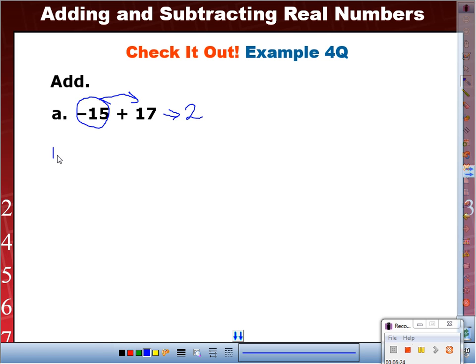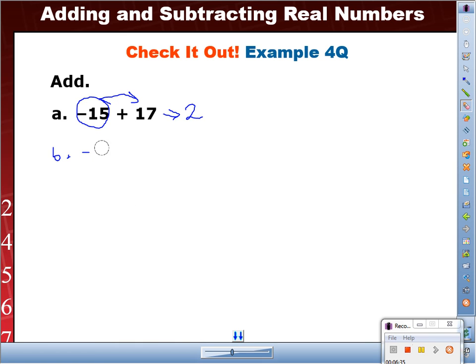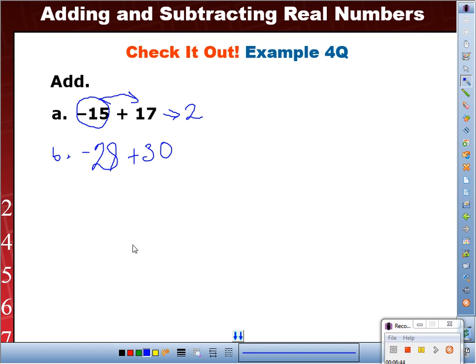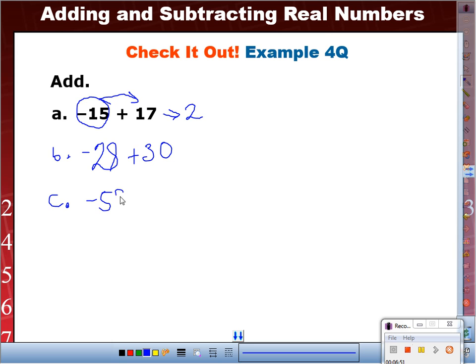Copy this one. See if we can do, let's try to do 5 in a row really quick. Here we go. Copy this one. B. Negative 28 plus 30. C. Negative 59 plus 30.